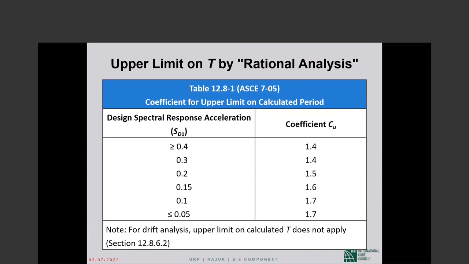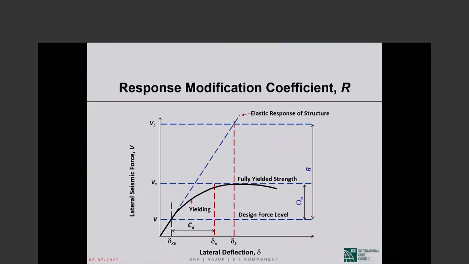So we had to discuss the period itself. And then in the equation for S sub A, we had R and I. So we need to discuss the R and the I coefficient. The seismic weight we have discussed already. So let us start with R.